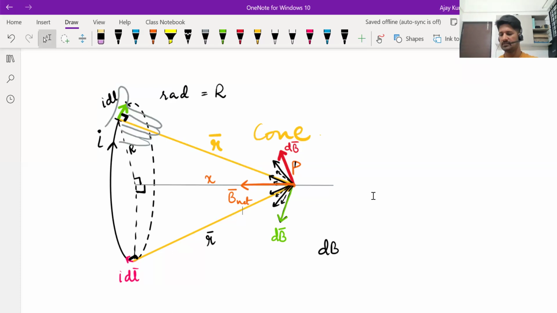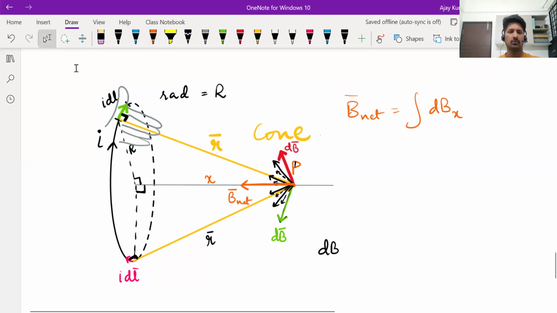So in this case, if you want the net magnetic field, you will only have to integrate the x component of every small magnetic field. You don't need to integrate y components and z components. That is the advantage if you visualize the net field. Net field is only in the x direction, so take only the x components and integrate.